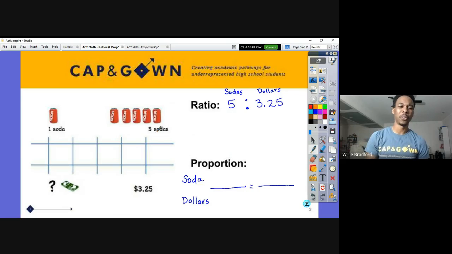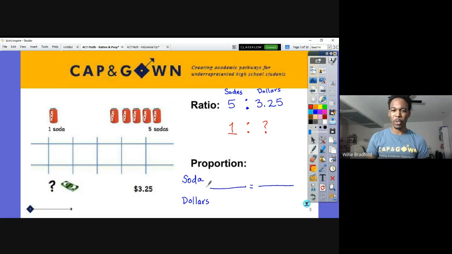I have another ratio. 1 soda costs me, I don't know how much, but I know that 5 sodas cost me $3.25. All right, so how can I rewrite this? 1 soda equals, or the ratio of, I don't know how many dollars.